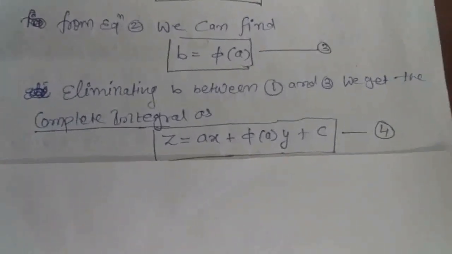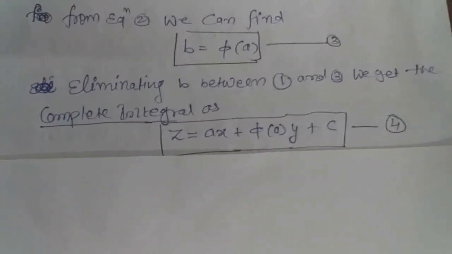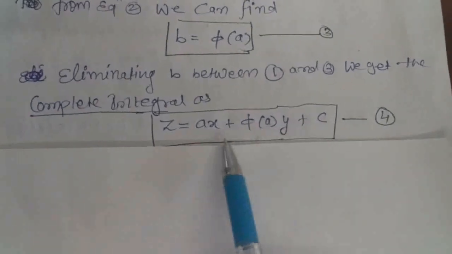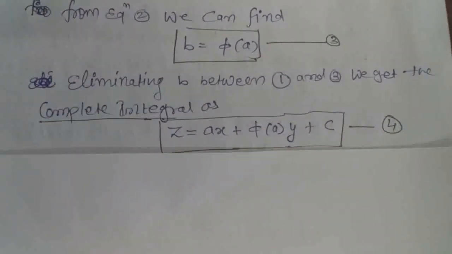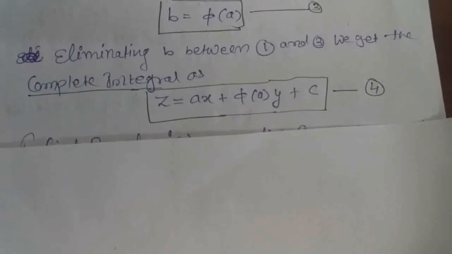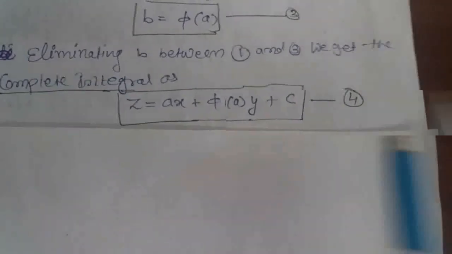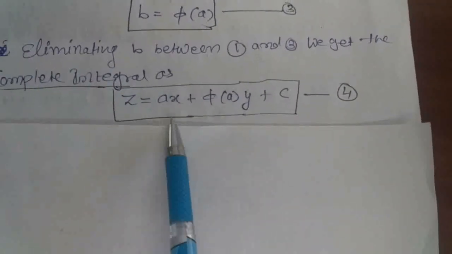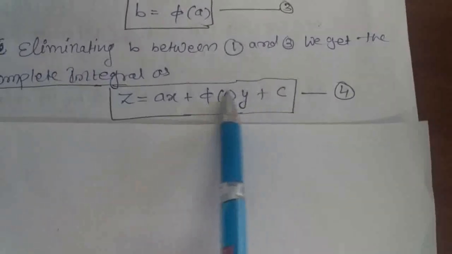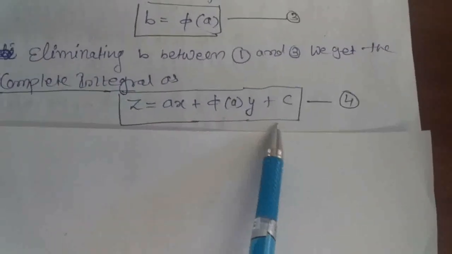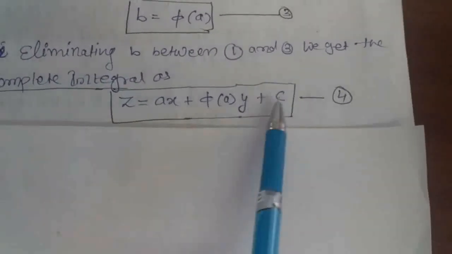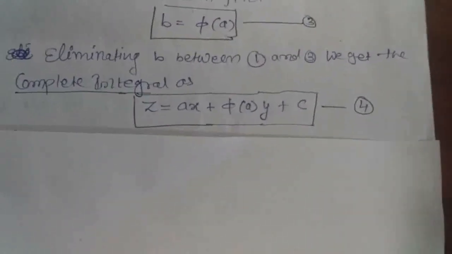Now to find the singular integral of the given partial differential equation, differentiate this complete integral, that is equation 4, with respect to a and c partially.